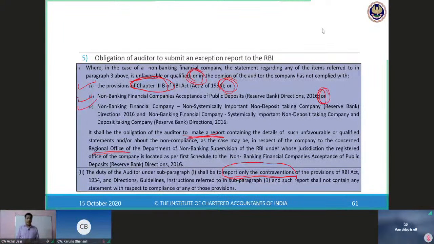Now, as regards your query, will they be subject to tighter regulations? I won't say there are tight regulations only for the systemically important. I would say even for non-systemically important, regulations are very tight. You can clearly see so many regulations are there.